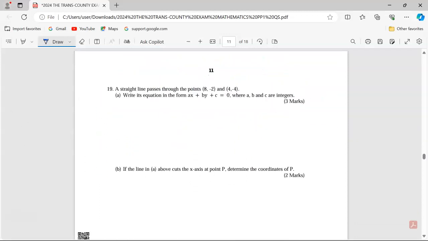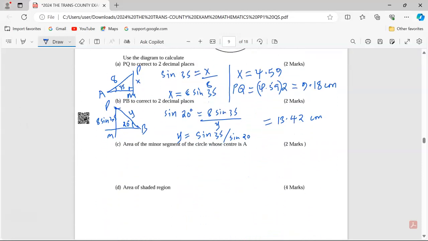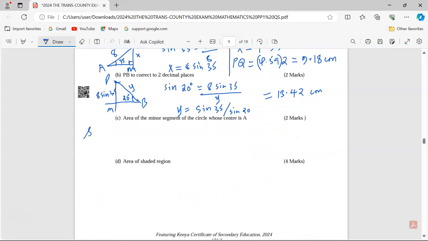Therefore, I need the area of a sector. For me to get the minor segment, I need the area of a sector, and I subtract the area of a triangle. That will give me the minor segment. So I'm talking of theta over 360 pi r squared minus half ab sine theta.